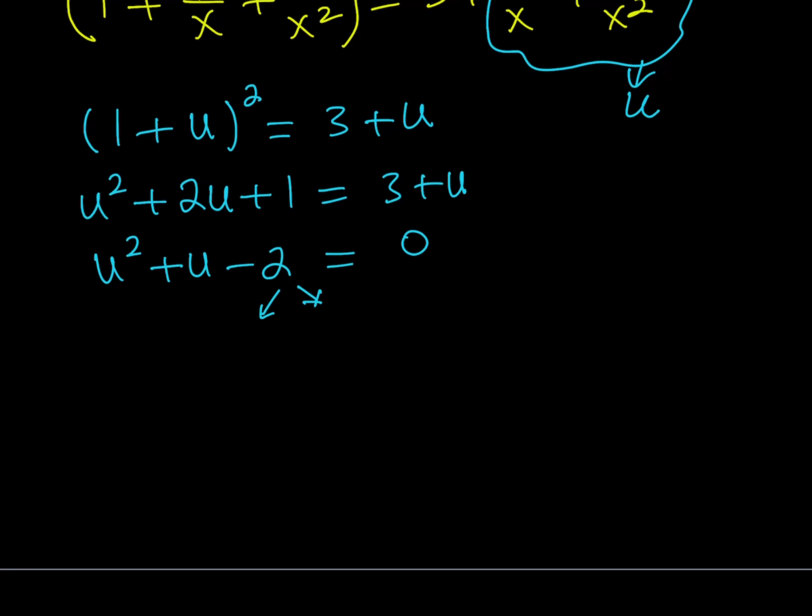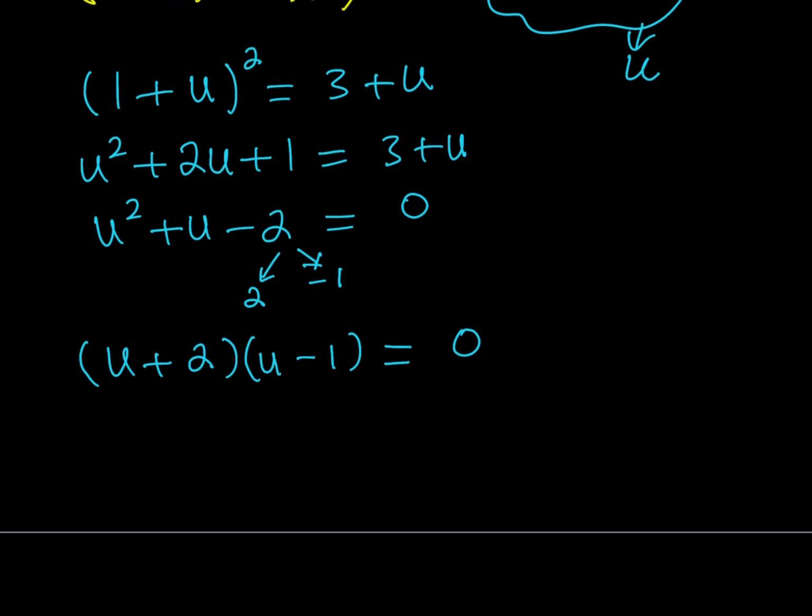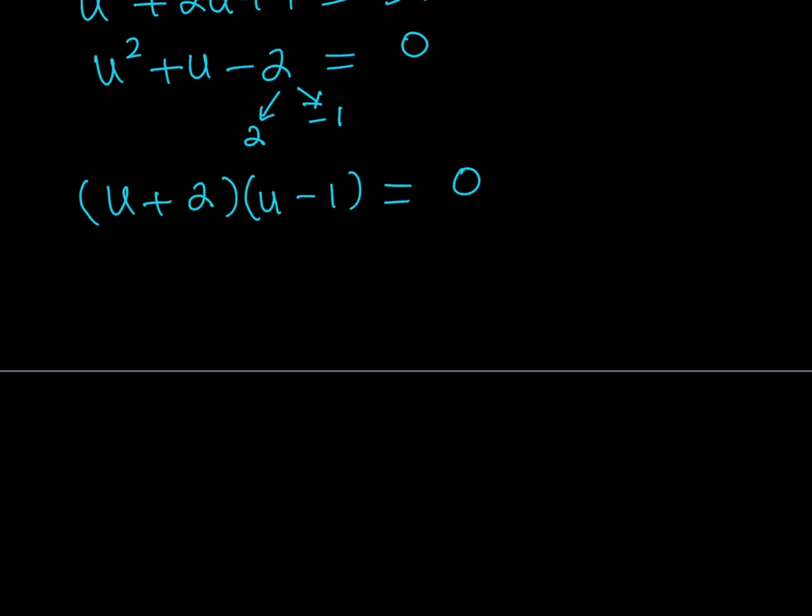And those numbers are 2 and -1. Therefore, this trinomial can be written as u plus 2 multiplied by u minus 1 equals 0. Great. From here, we get two solutions. You could also use the quadratic formula, which wouldn't be too hard. But since it's factorable, we used factoring.